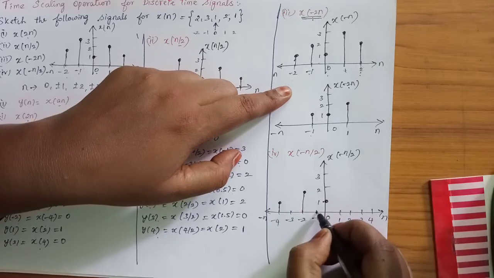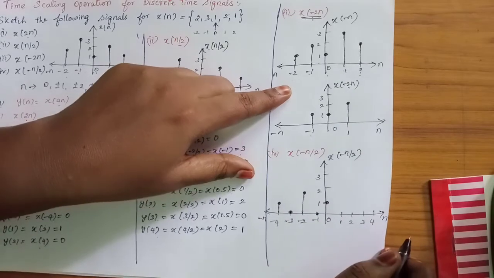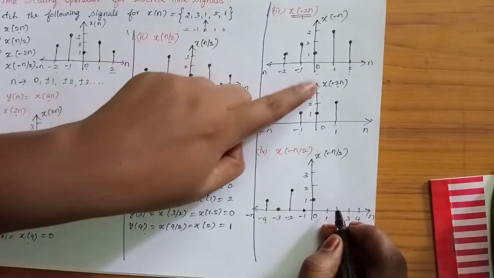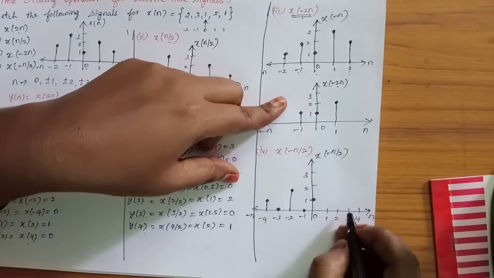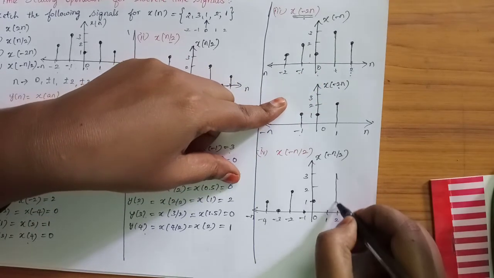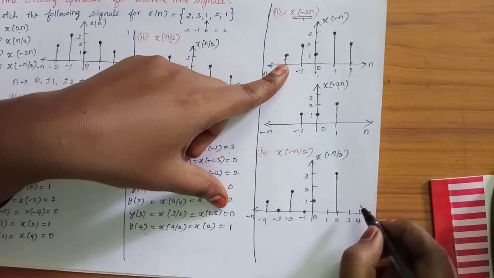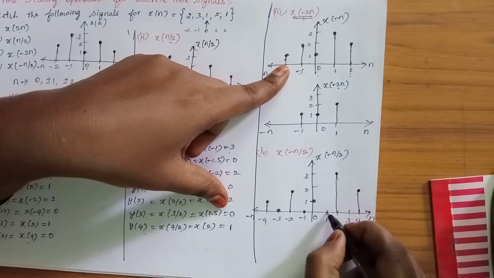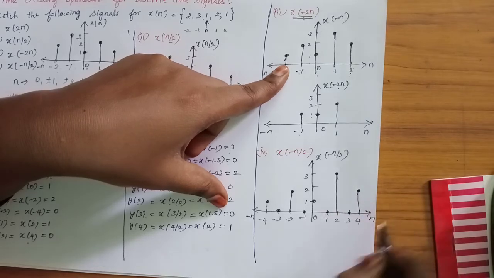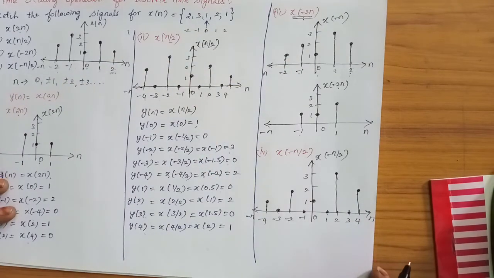At minus 1 and minus 3 its value is 0, and then 1 into 2 is 2, so this gets shifted to the 2 position. At 2 its value is 3. 2 into 2 is 4, so at 4 its value is 4. At 1 and 3 its value is 0.